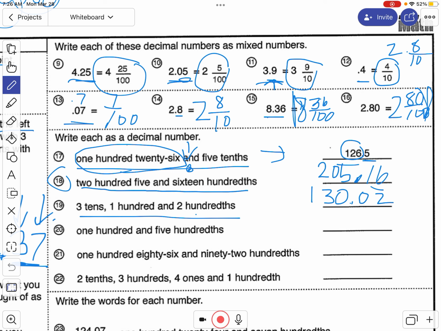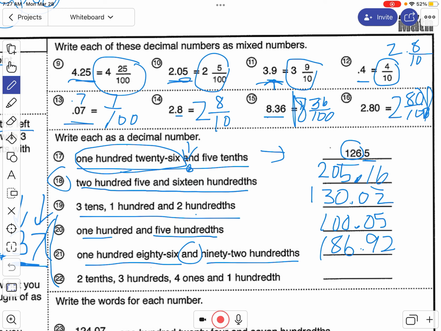And why don't you go ahead and do all the way down to 22 and then turn it back on. 100 and 500ths. Here's 100 and here's 500ths. 186 is before the word and. 186 and 92 hundredths. So I got to put 0.92. That's 92 hundredths.